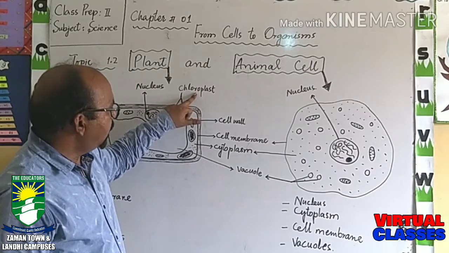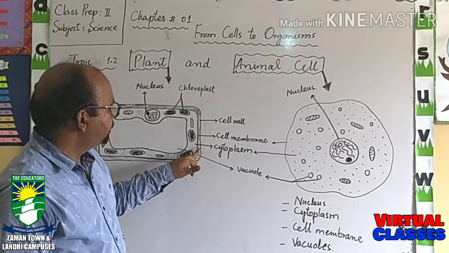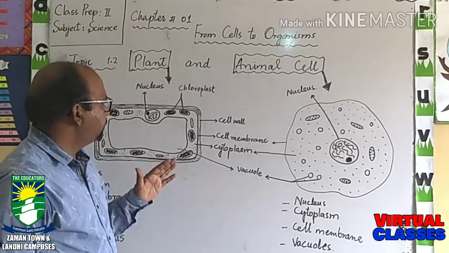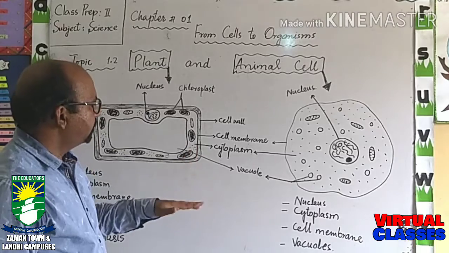First difference is chloroplast. Second difference is cell wall. The third difference is vacuole.